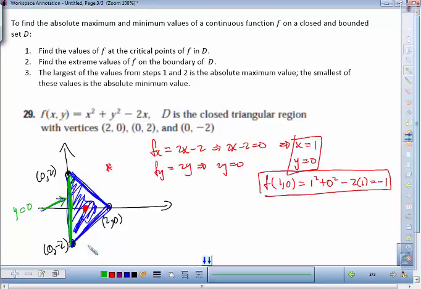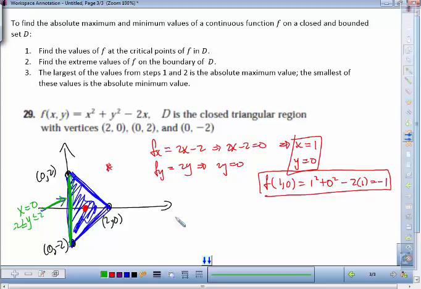Wait, let's try that again. What is it? x equals 0. This is x equals 0, where your y value goes from negative 2 to 2. Okay? So let's work with that real quick.